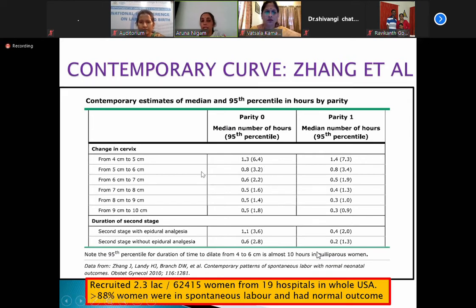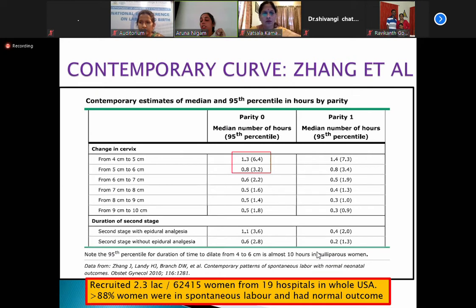From 5 to 6 centimeter, it takes 3.2 hours. So 4 to 6 centimeter is taking 10 hours. And this 10 hours, previously we were taking as a protracted active phase and taking up for cesarean section.